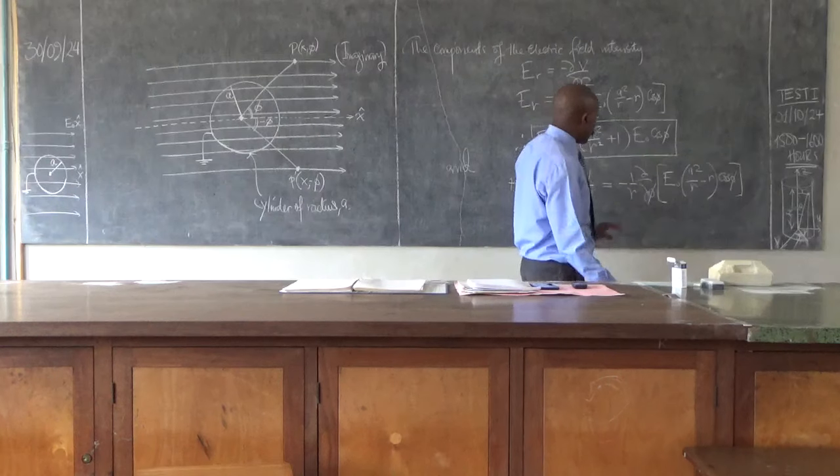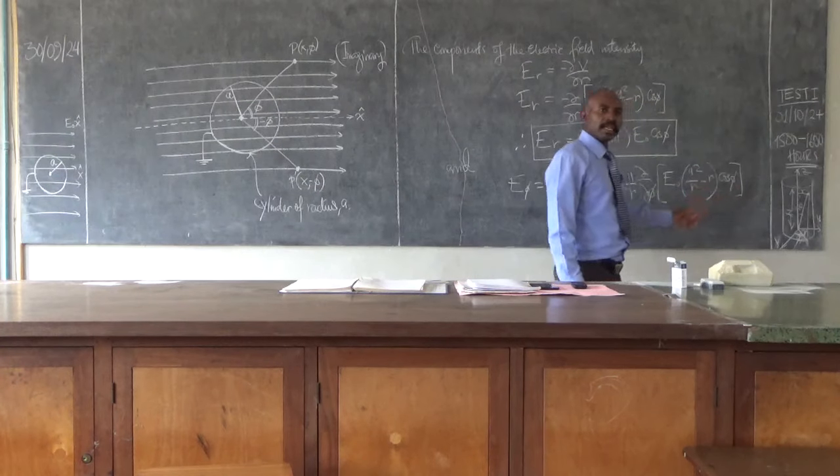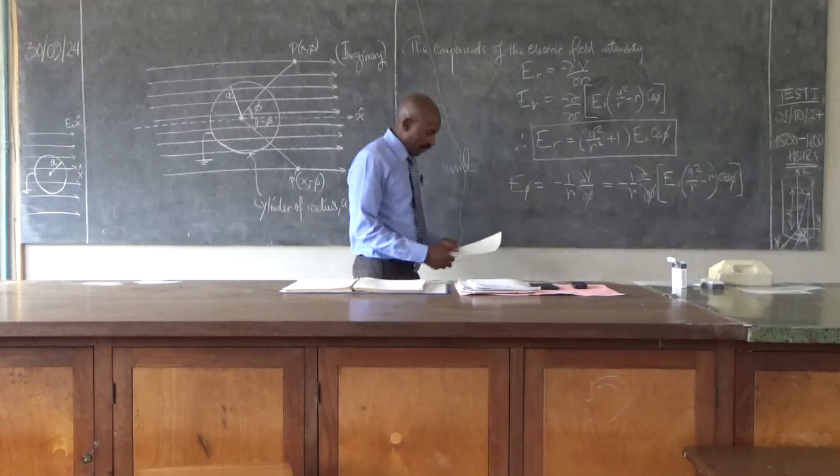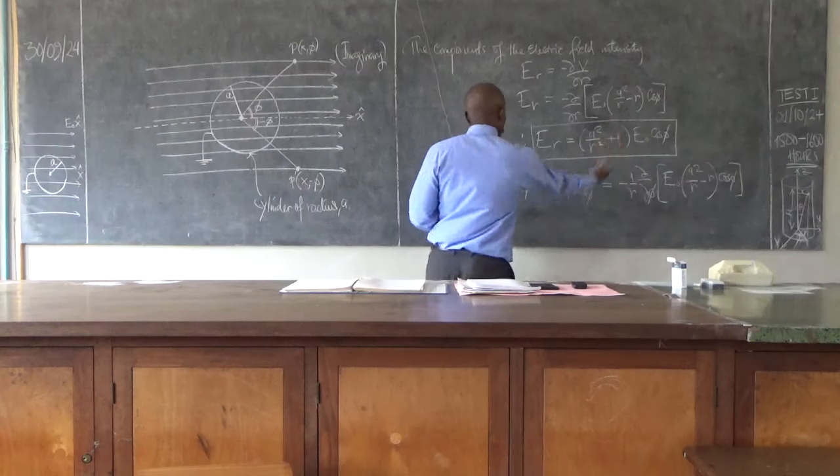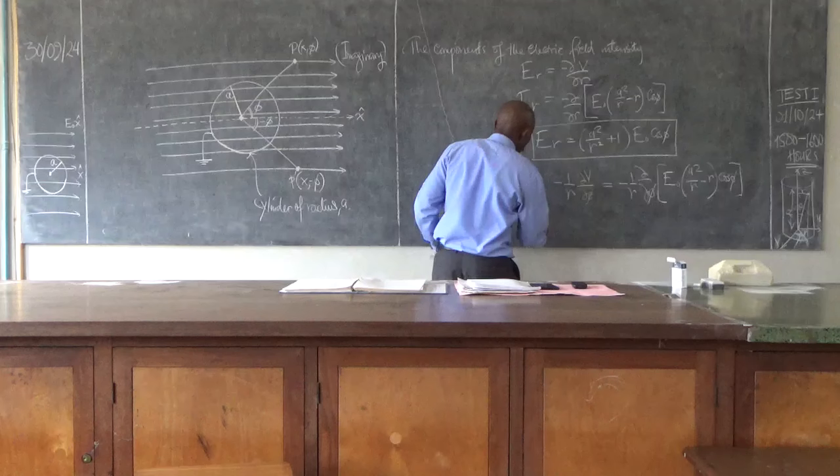So there is nothing much here other than making this a minus sine phi, and then it cancels with this minus here.